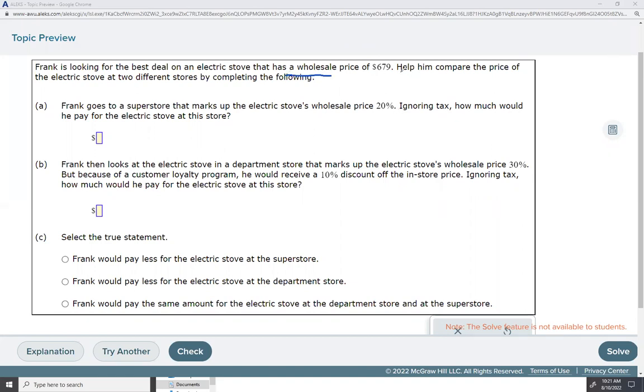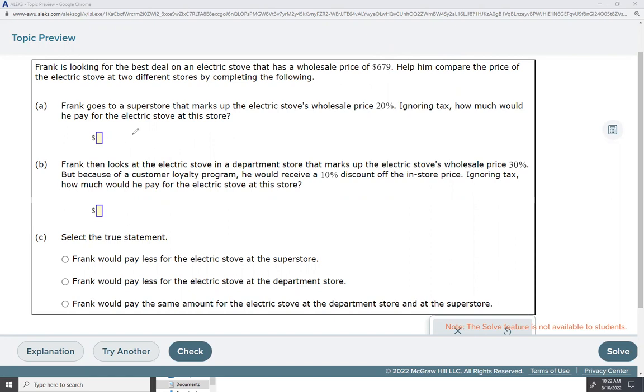The wholesaler is going to sell this $679 stove to places like Lowe's and Home Depot, so what's going on at those two stores? Part A: Frank goes to a superstore that marks up the electric stove's wholesale price 20%. Wow, that's not much. Ignoring tax, how much would he pay for the electric stove at this store?